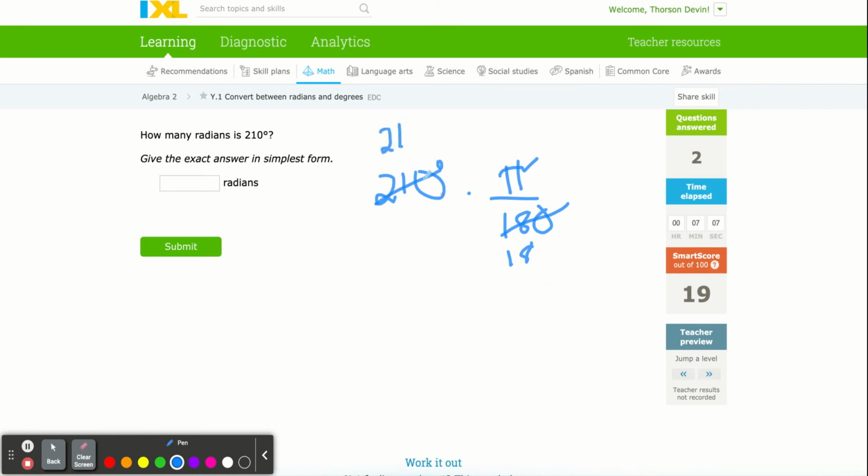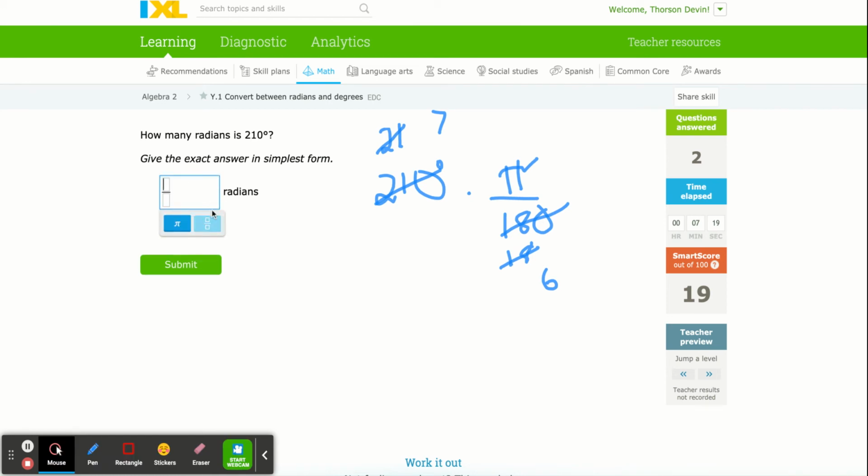And both of those are divisible by 3, so this is going to be 6 and this is going to be 7, so 7 pi over 6. So what I would type in is a fraction of 7 pi over 6, or 7 pi 6 is the way it's stated.